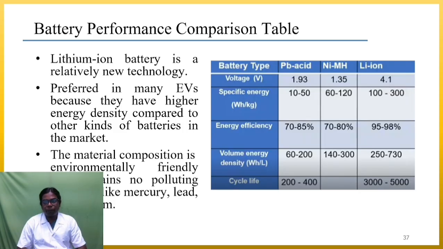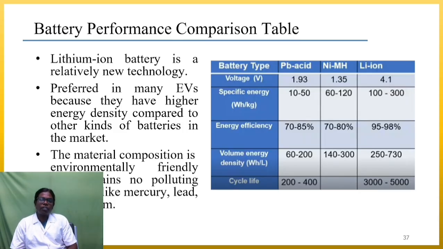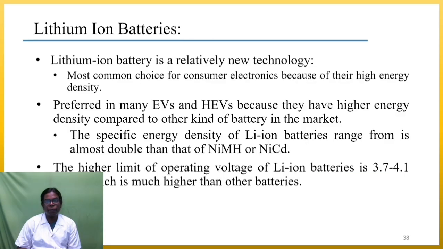Energy efficiency: 70 to 85 percent, 70 to 80 percent, and 95 to 98 percent. Volume energy density in watt hour per liter: 60 to 200, 140 to 300, and 250 to 730. Cycle life in lead acid is 200 to 400, but lithium ion 3000 to 5000 cycles. So comparatively lithium ion is better than the other batteries.